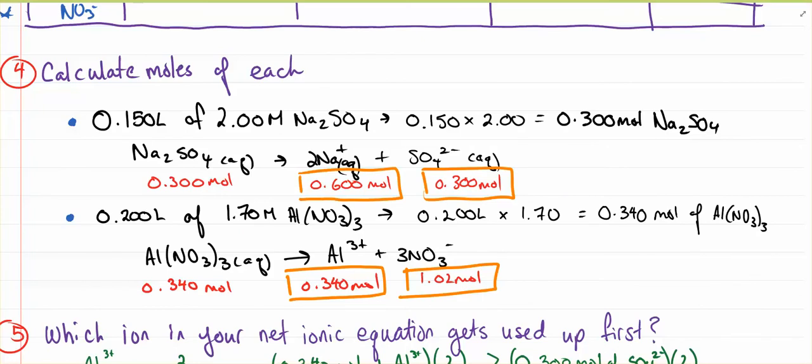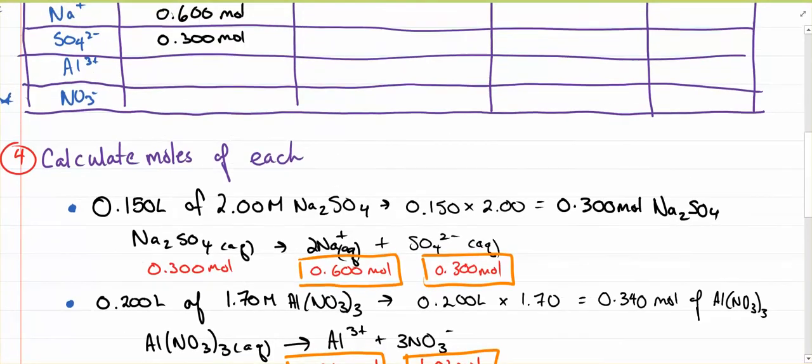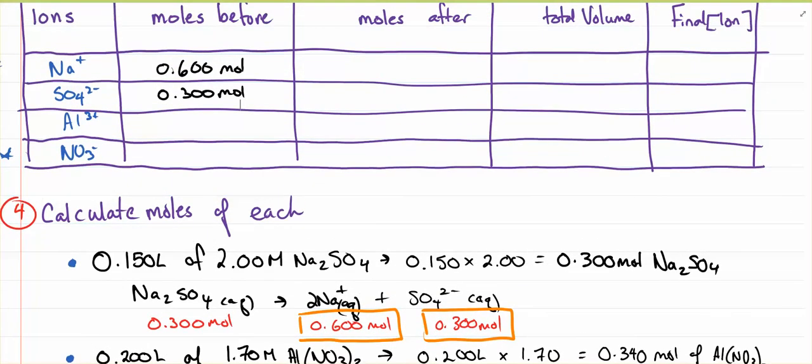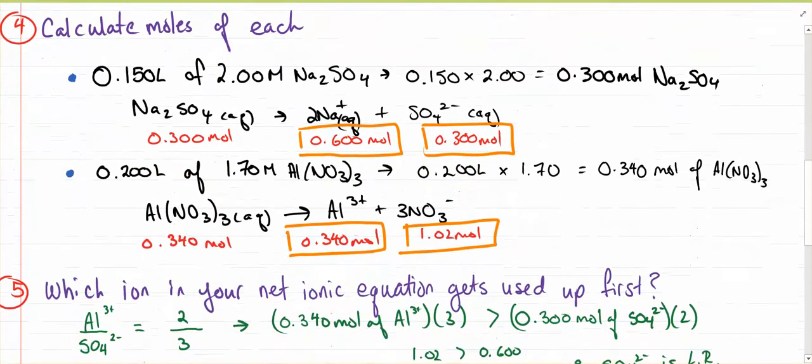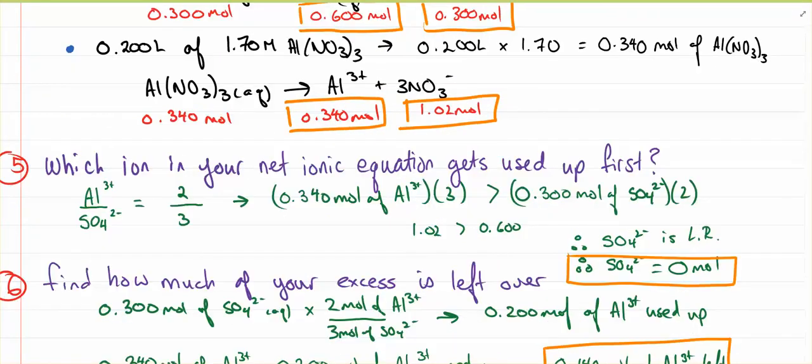I'm going to do the exact same thing with my aluminum and my nitrate. And so I get 0.340 moles. There's 1 aluminum and 3 nitrates when I do the dissociation. So for aluminum, I'm going to have 0.340 moles, and for my nitrate, 1.02 moles. The next thing I need to figure out is which is my limiting reagent, or which of my species gets used up first.